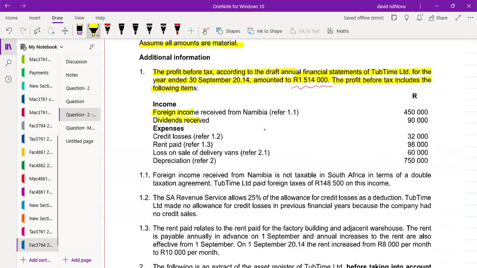It looks correct. If there is a mistake, we'll find out in the additional info. And then there is credit losses, which we'll also find out about in the additional info, rent paid, loss on delivery, and depreciation. These seem like genuine items that you expect to be included in profit before tax. Then they give us the additional information.